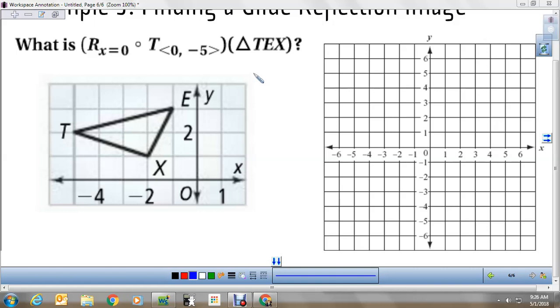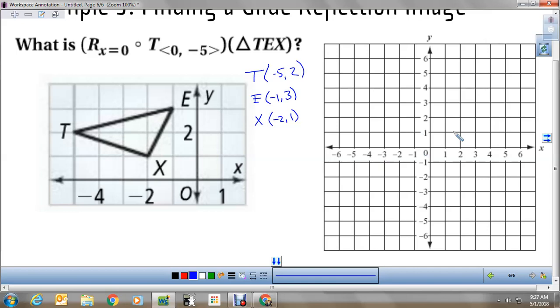T is at negative 5, positive 2. E is at negative 1, 3. And X is at negative 2, 1.